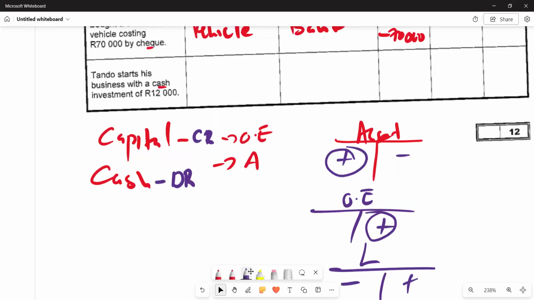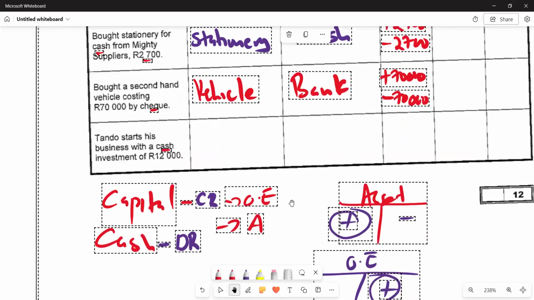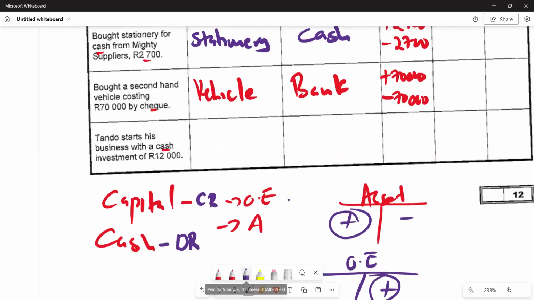So we come here and represent our effects on the accounting equation. We start by mentioning which one is going to be debited and which one is going to be credited. So we are saying cash is being debited, and then we have capital being credited.